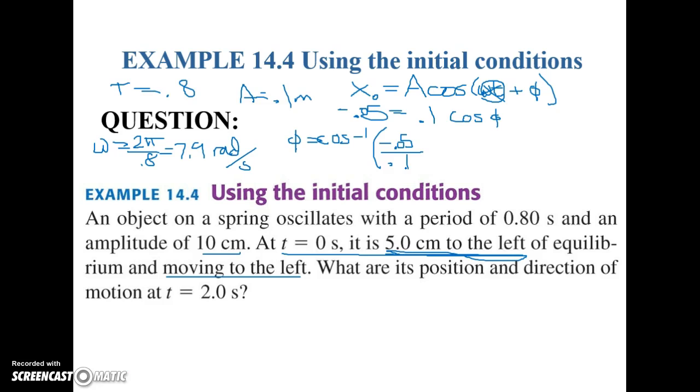Having found my calculator, the inverse cosine of negative 0.5 comes out to be 2.09. That's my phase angle, and radians is the correct unit for that. So that's what phi is.